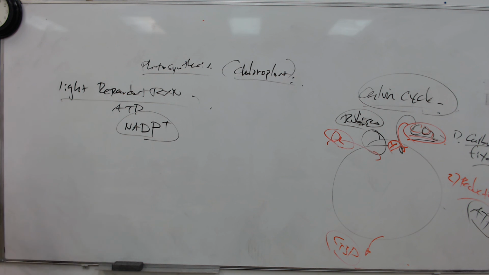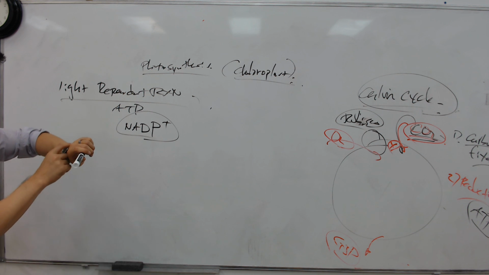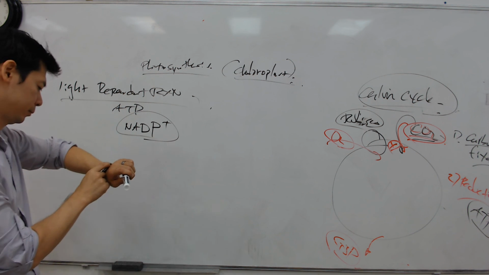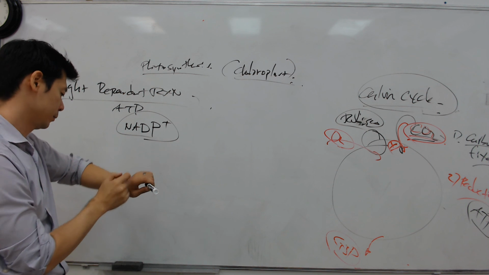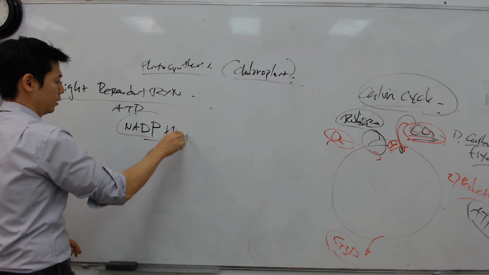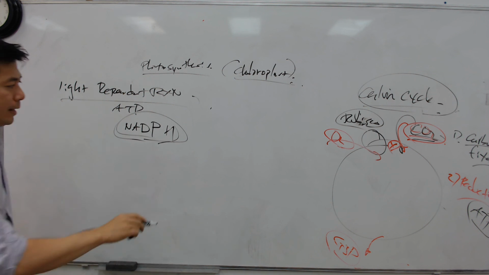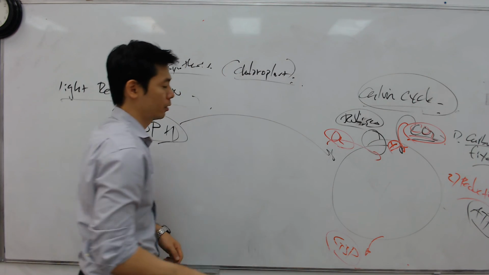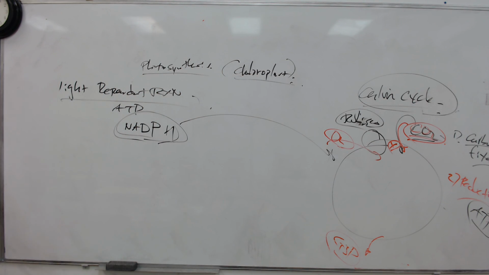But now the difference is it's got one more phosphate group on them. So they get the electron and turn into NADPH and ATP and deliver it to the Calvin cycle to run this process, okay?